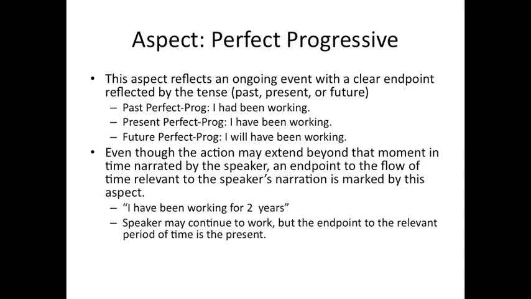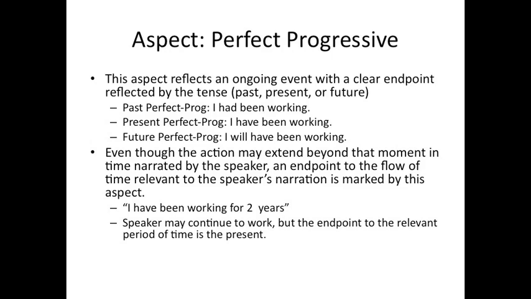So if you had a regular verb here, you would see the -ed morpheme, but "to be" is an irregular verb, so you don't get the -ed. It's "been." So that reflects some sort of endpoint, right? So that's going to reflect perfect aspect. But then you have another verb, and it's "working." Now, "work" has the morpheme -ing, which reflects the progressive aspect. So it's going to be the perfect progressive aspect with the past tense on it.